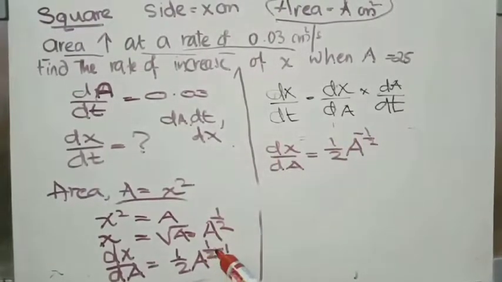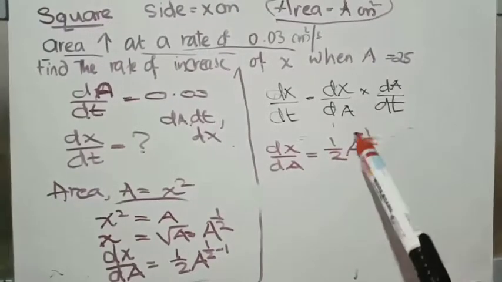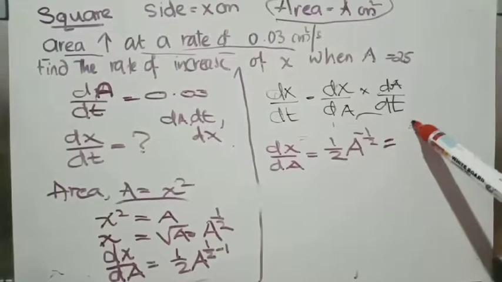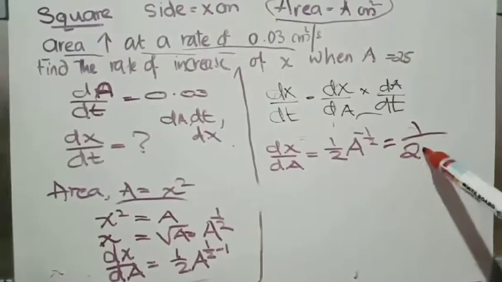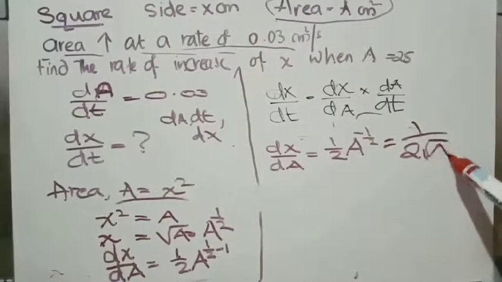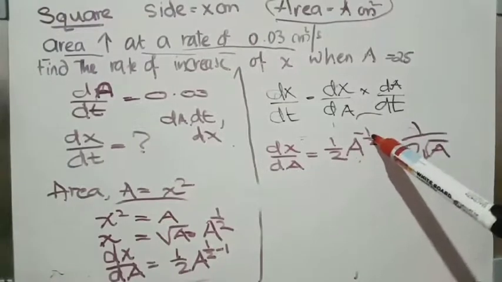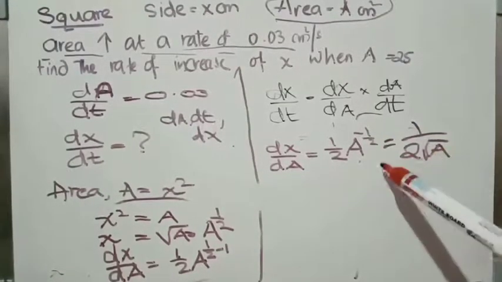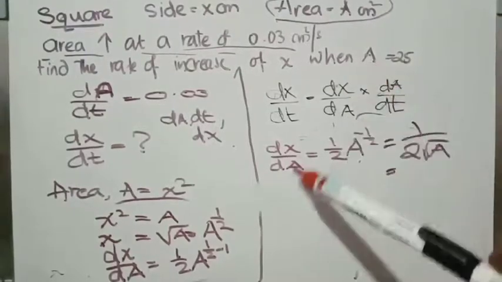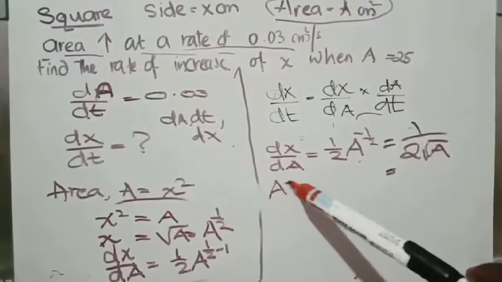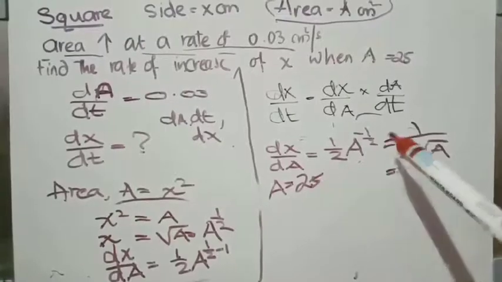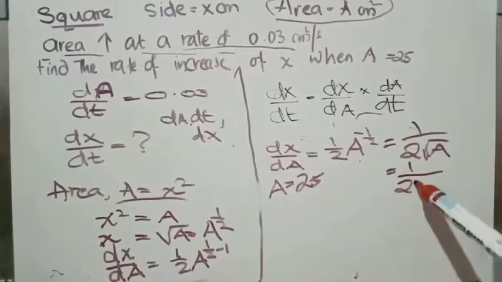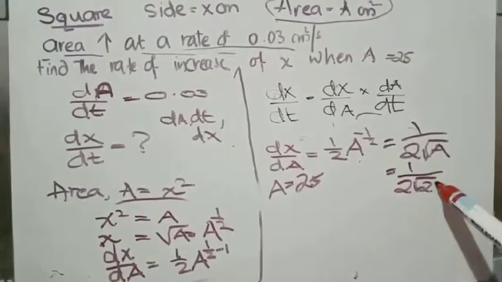Half minus 1 is minus 1 by 2. That's equal to 1 by 2 root A, because A raised to minus 1 by 2 is 1 by A raised to 1 by 2. Now when A is 25, it becomes 1 by 2 root 25.